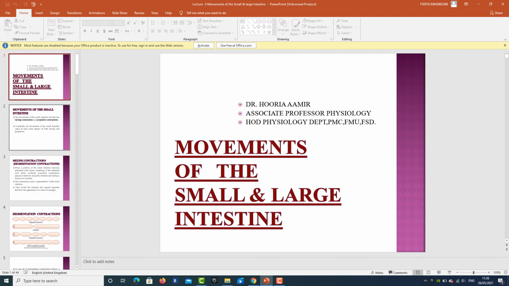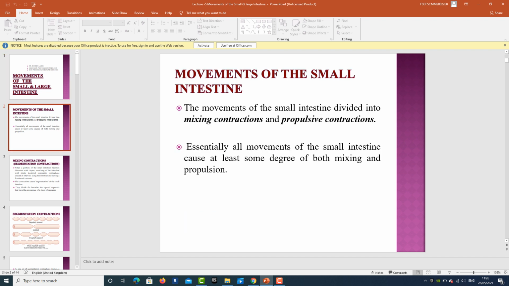What are the movements of the small intestine, and how do they take place? You all have to keep one thing in mind: although we divide the movements into mixing and propulsive types, they always take place together and help one another.